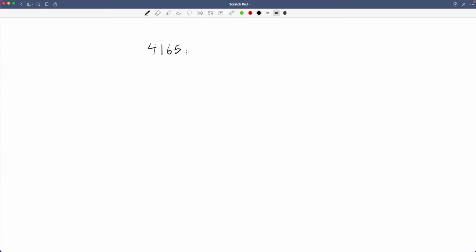Here we go. Let me write this here. This is A under example problem 6.1. And here's our decimal. So the way I would say this number, first I'm going to drop in my comma so I know what group it's in. I would say 4,165 and 162 ten thousandths.